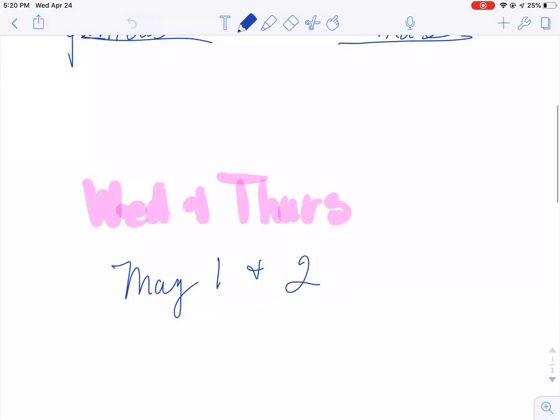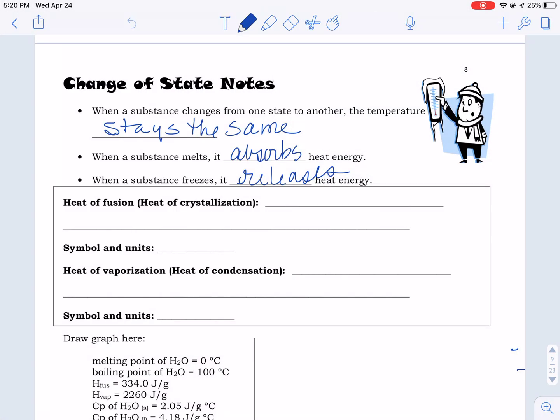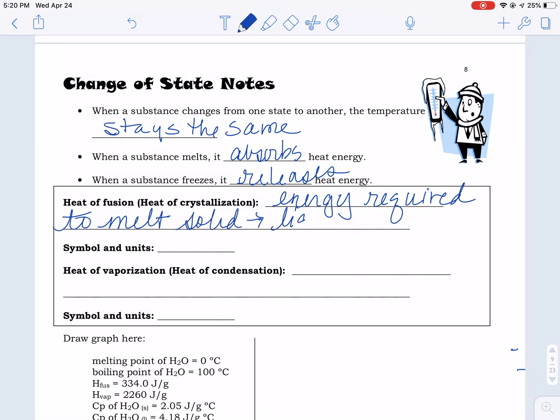All right. The heat of fusion, we already talked about. That is the energy required to melt a solid to a liquid. We use delta H fusion, and its units are joules per gram.